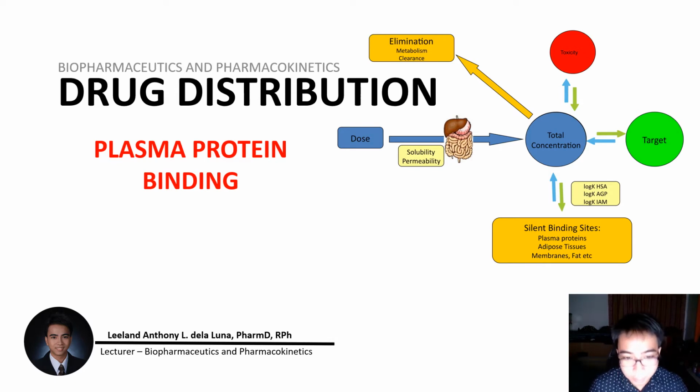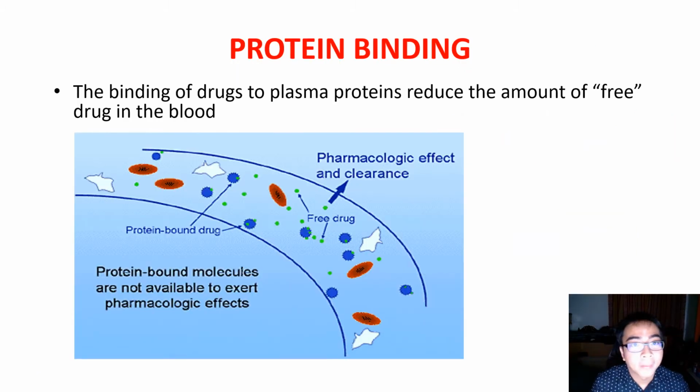So the more a drug binds to a protein in the bloodstream, ang tendency is it cannot work. Therefore, it affects how well a drug distributes to other compartments or organ systems. The binding of drugs to plasma protein reduces the amount of free drug in the blood.